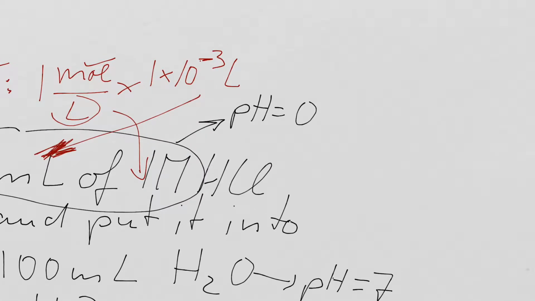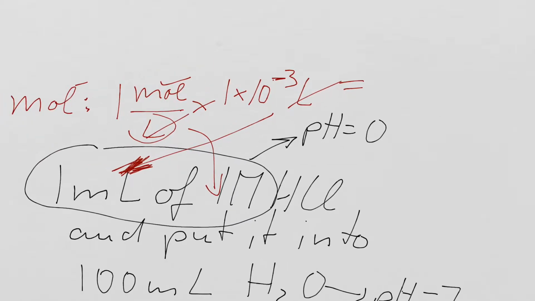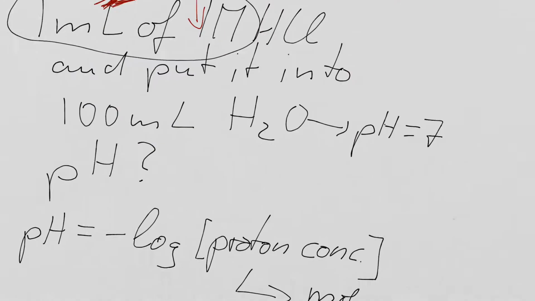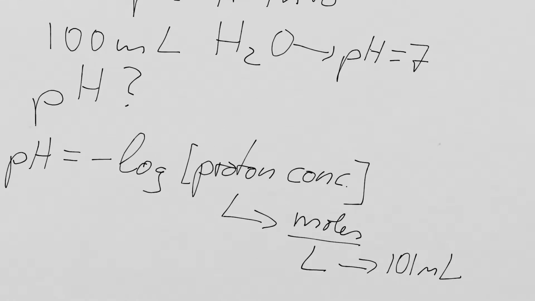If we do this calculation, the liters cancel out, and we get 1 times 10 to the minus 3 mole in our 1 milliliter. And that indeed is our proton amount. Okay? Happy with that?